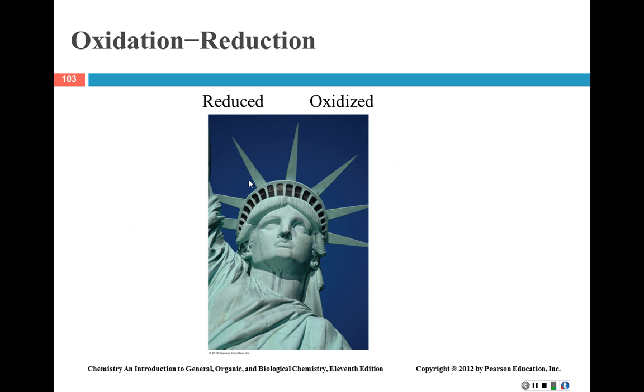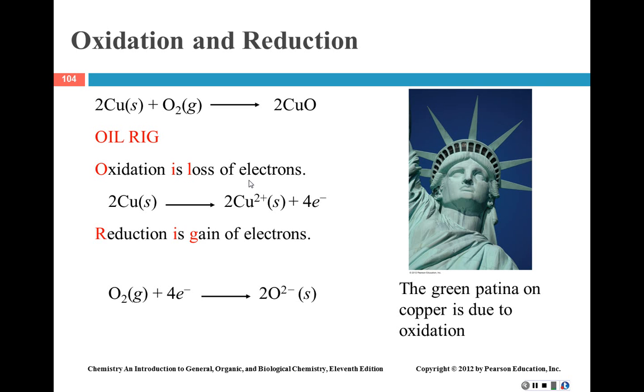You see oxidation reduction in a whole lot of different places, like when you see copper or other metals that get that patina, they call it, that change in color, or like iron rusting. That is an oxidation reduction reaction, because it uses oxygen often to make that happen.